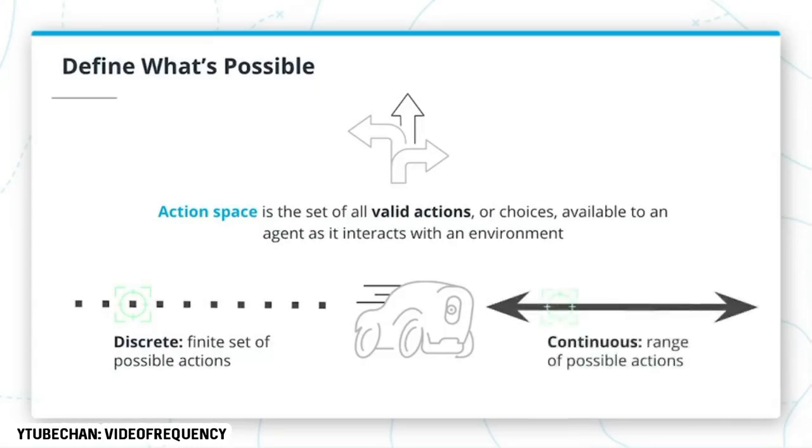A continuous action space allows the agent to select an action from a range of values that you define for each state. The SAC algorithm only works in a continuous action space. PPO, however, works in both continuous and discrete action spaces.